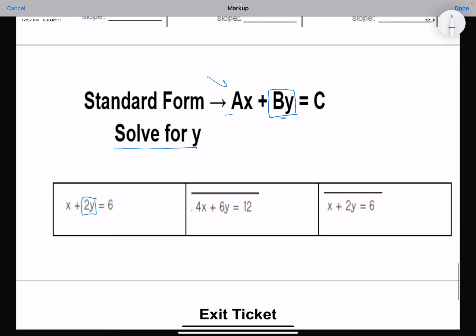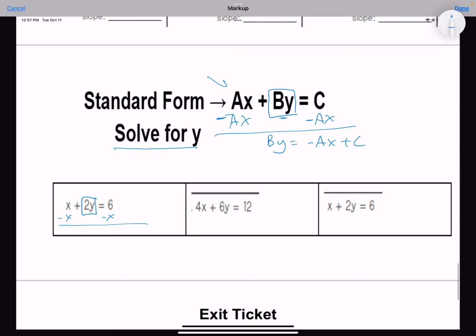I need to get my y by itself. To do that, I'm going to do the opposite. Opposite of adding ax, I'm going to subtract ax. So that leaves me with by equals the opposite of ax plus c. Doing it here, I'm going to subtract x from both sides.